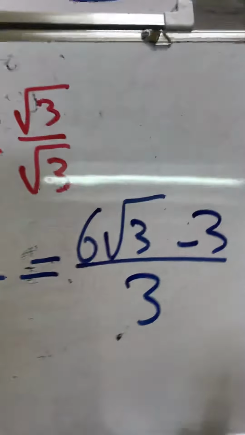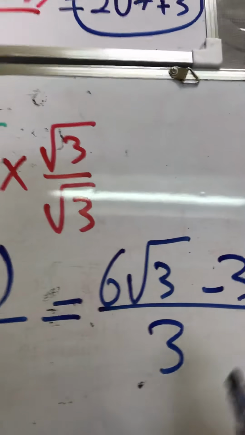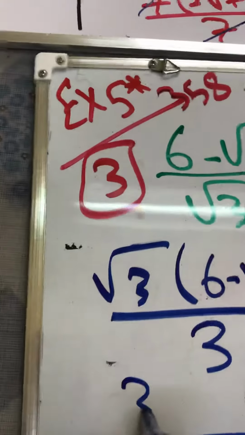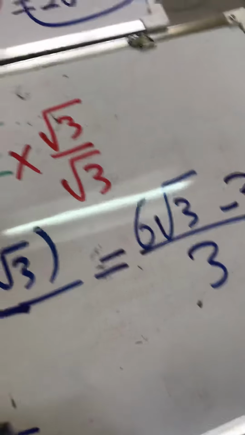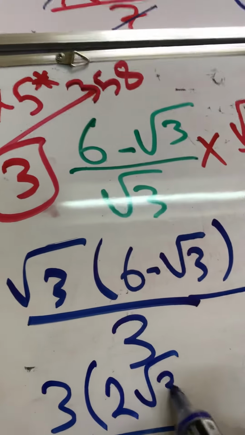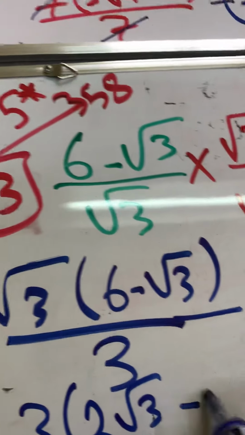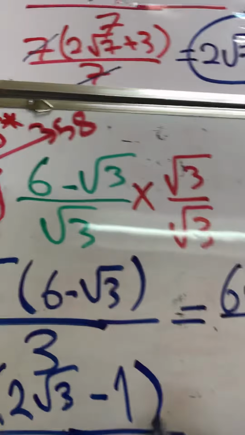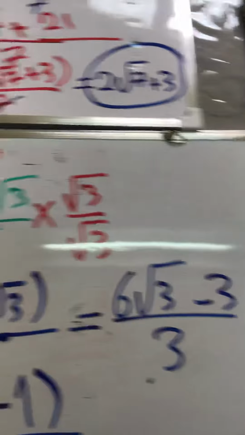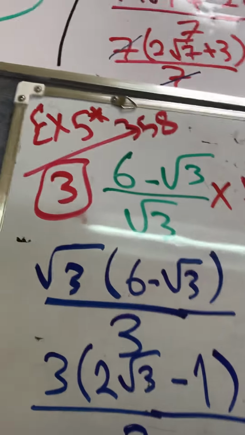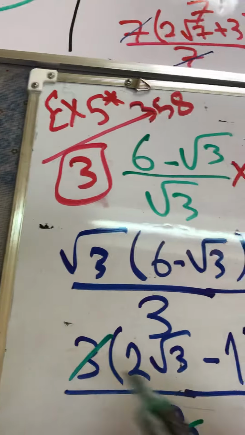Okay, as you see here, I can take 3 as a common factor. So 3, open brackets, 6 divided by 3 equal 2 square root of 3, minus 1. Take care, please. 3 divided by 3 equal 1, over 3. Now I can cancel 3 with 3, give me 1.